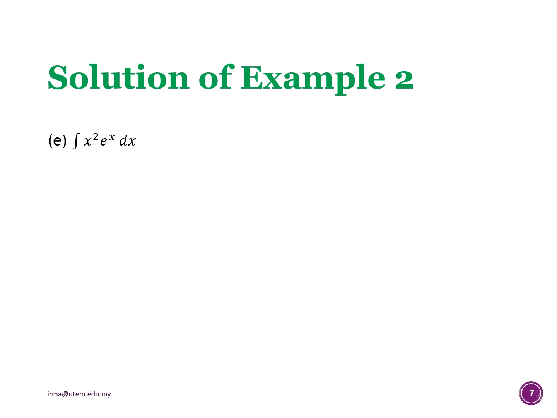So let's move to the last question for integration by parts. We have now x squared exponent x. So if you refer to LOPAT, we will use the polynomial which is x squared as u.